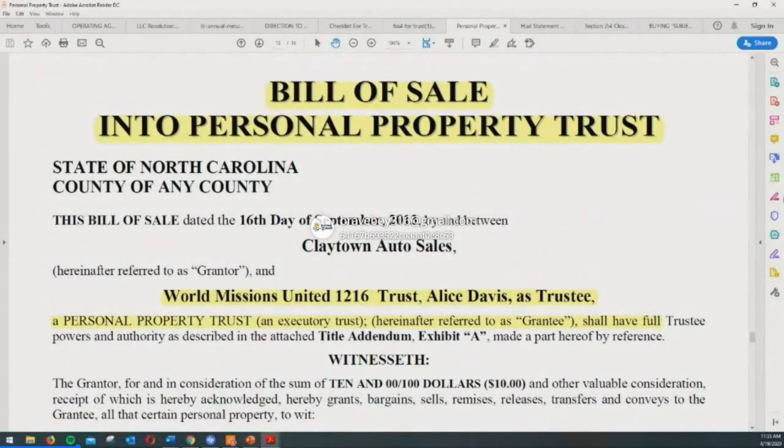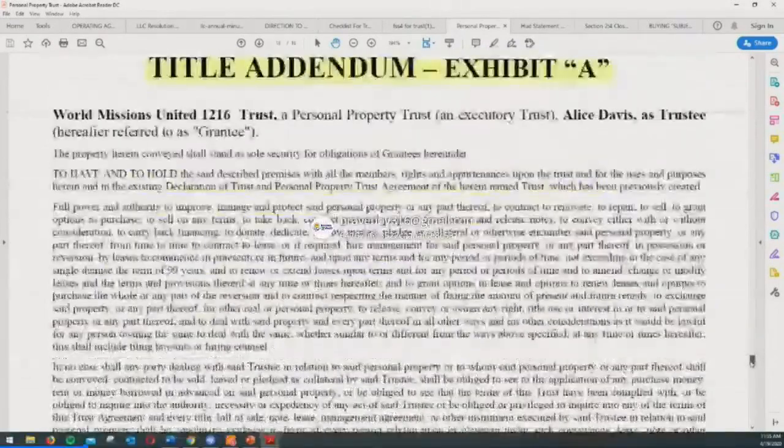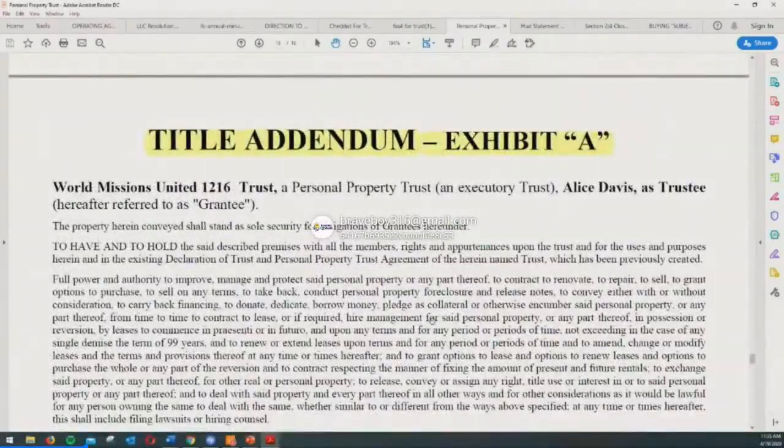So when you go to get title for this car, you're going to take your bill of sale. Listen to me closely. You're going to take the bill of sale and the title that you got from the dealership, the title paperwork to your local DMV. This is the documents you take to the DMV, along with the title addendum.